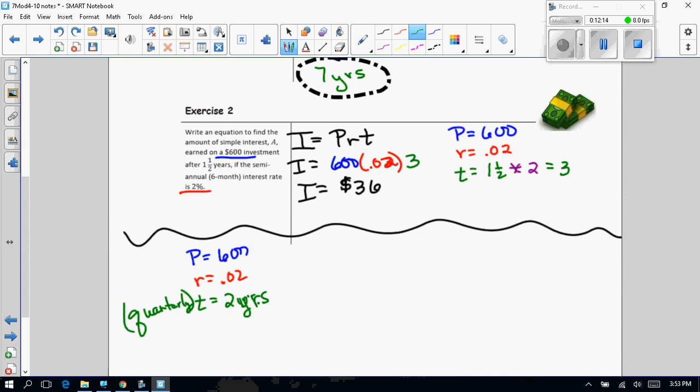Okay, let's suppose I said it's quarterly. So that means every 3 months they're going to compound this. Or quarterly means 4 times a year. So in other words, when you do your 2-year investment, it's the same as if you had invested this for 8 years.